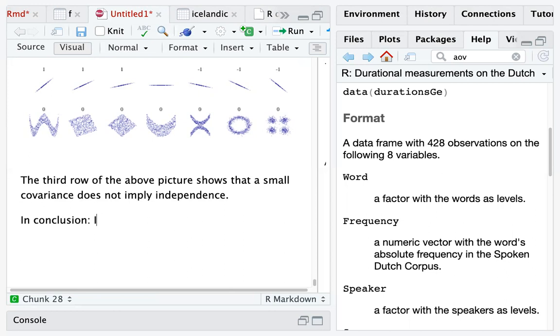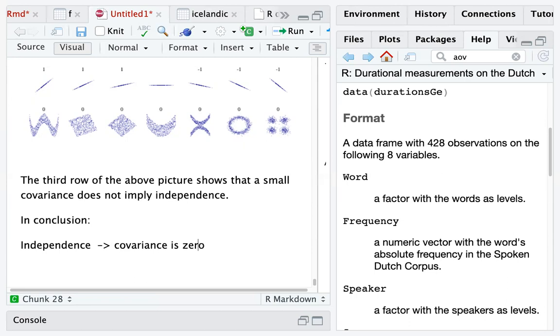In conclusion, if you assume independence, independence implies that the covariance is zero.